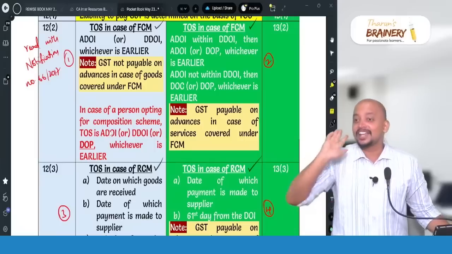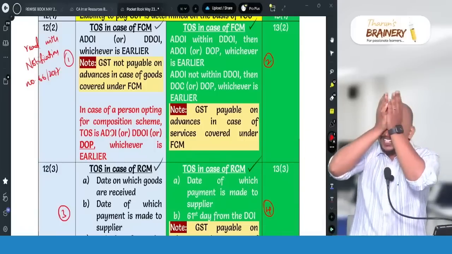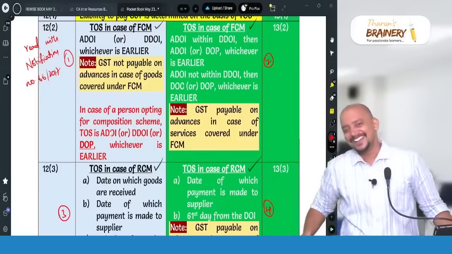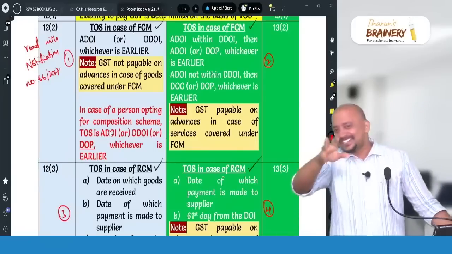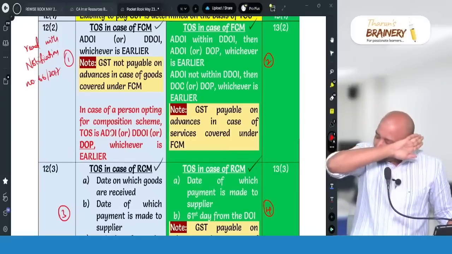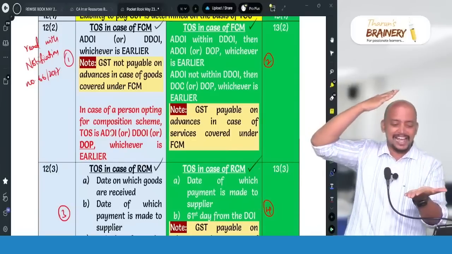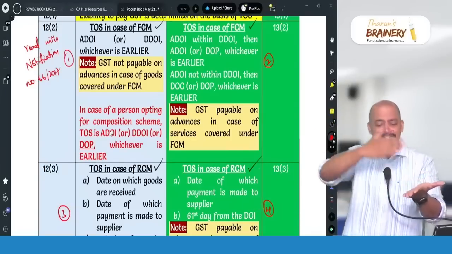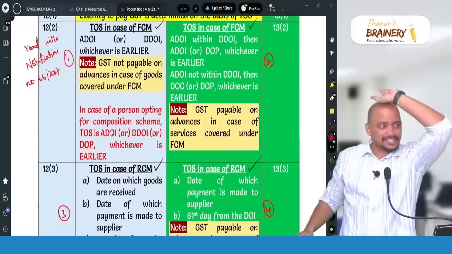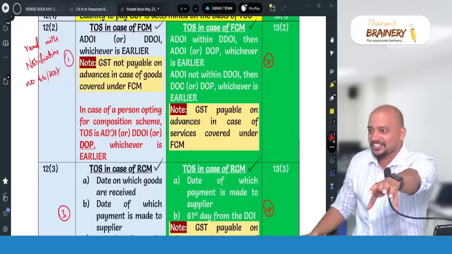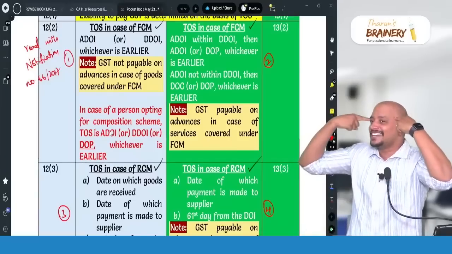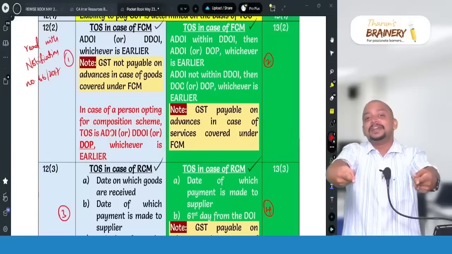They will come and post, sir, by attending your rocket revision only I cleared. It's not true, because they would have attended the regular batch, fast track, or some other faculty, and lastly they will see this rocket revision and be able to recollect all the provisions and give the credit to me.